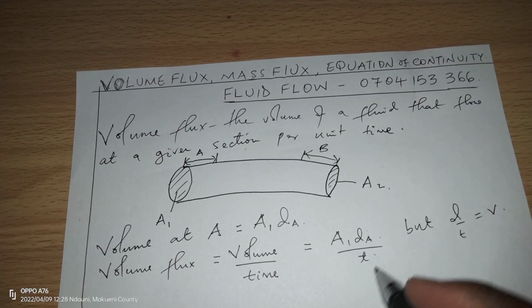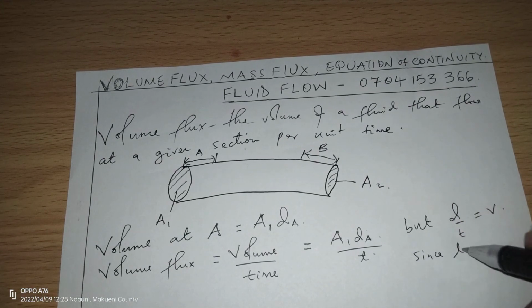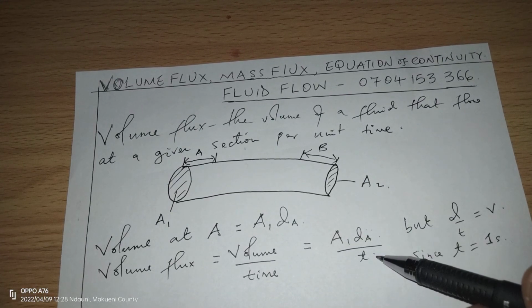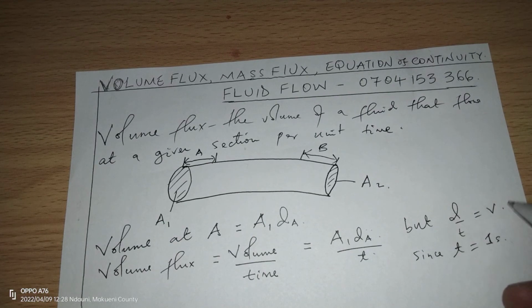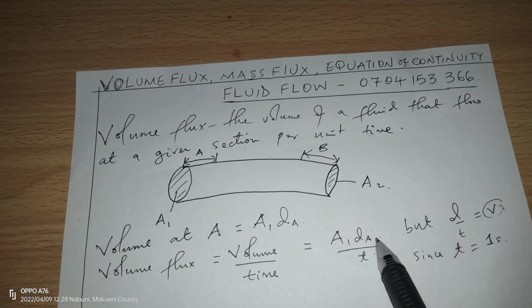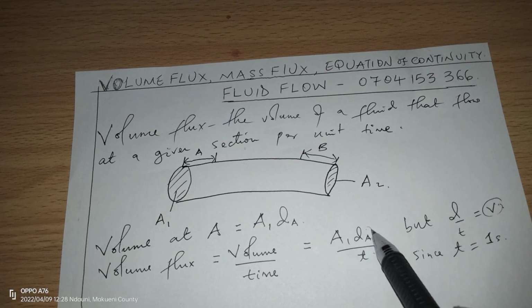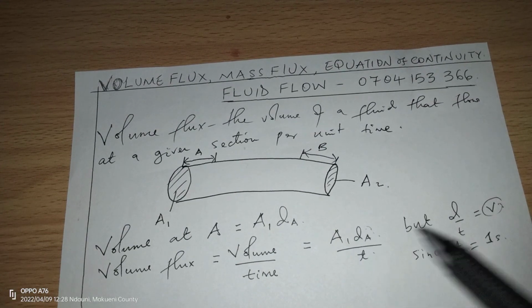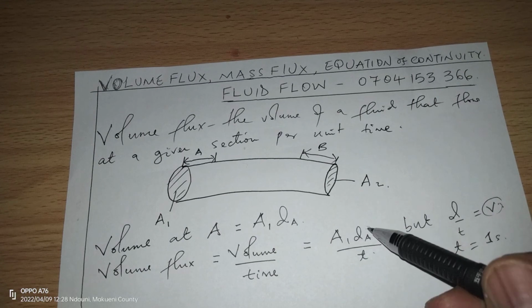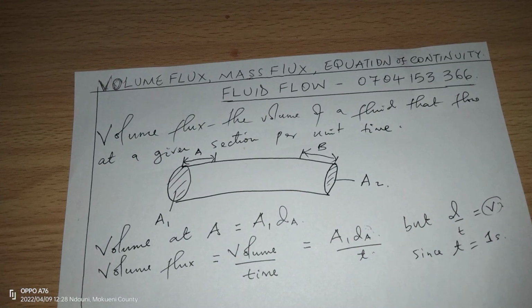Therefore, this can lead us to concluding that since the time is 1 second, we are talking of per unit time, then distance divided by time, which is 1 second, will become velocity, and the value of the velocity will be equal to the distance at A. Therefore, instead of distance at A, we can just use the velocity at A, since distance out of time gives us velocity, and the velocity is just 1 unit.